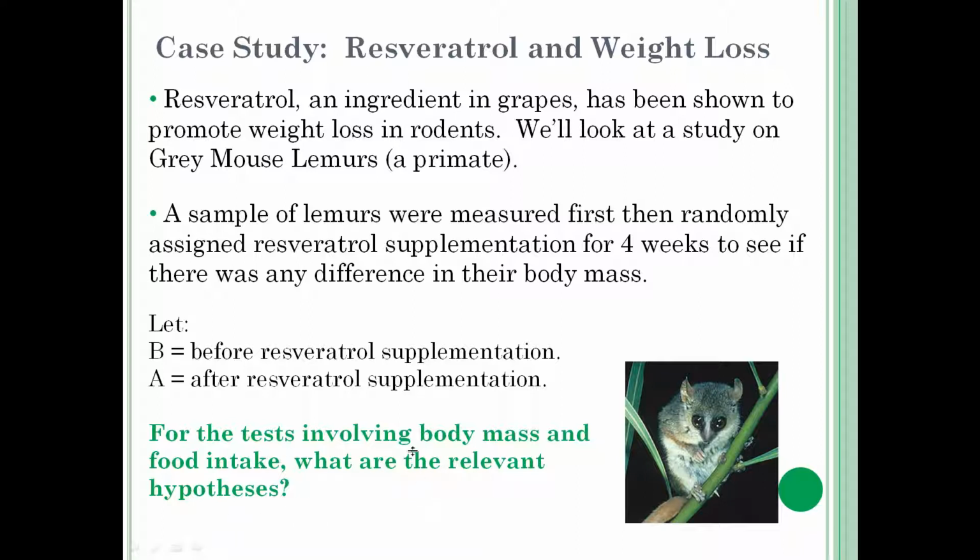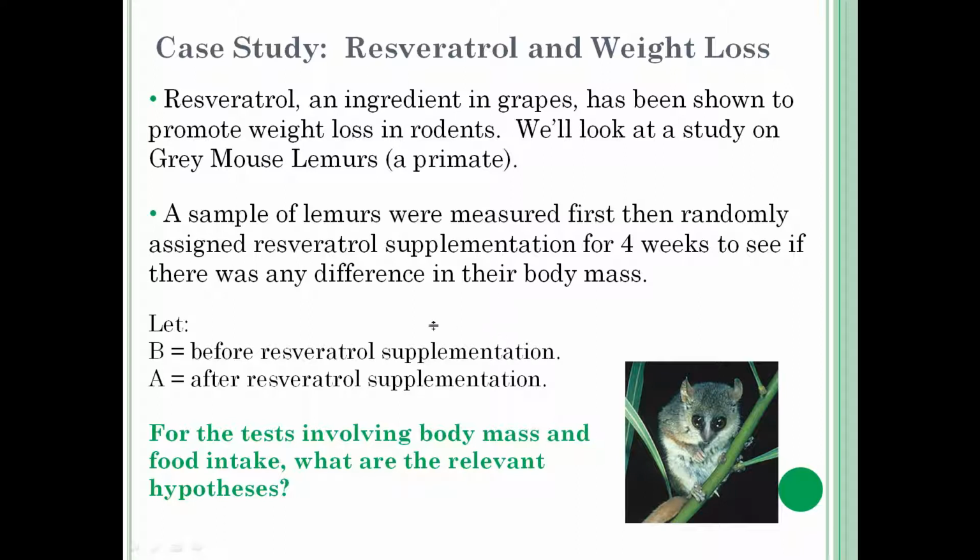So first we need to think what variables do we have to build these hypotheses. The first variable you have is their body mass before and after, and that's a quantitative variable. The second variable you have is the resveratrol supplementation before and after, and this one is a categorical. Whenever you have a categorical and quantitative variable, you will use the difference in means.